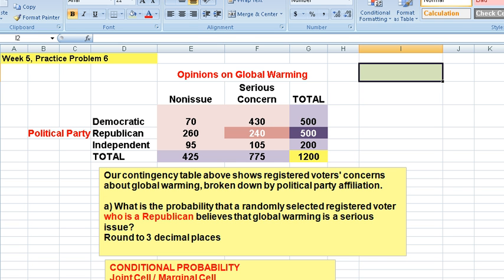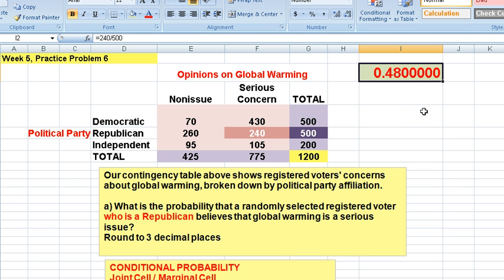Now we're going to look at the second part of the problem, which says round to 3 decimal places. Now we know that our problems are not correct unless they are rounded to the correct number of decimal places. So let's review this. We're going to recalculate, equals 240 divided by 500, click enter, and we get more than 3 decimal places.